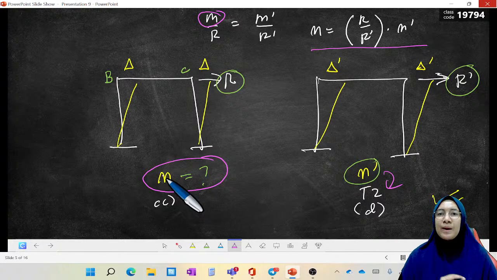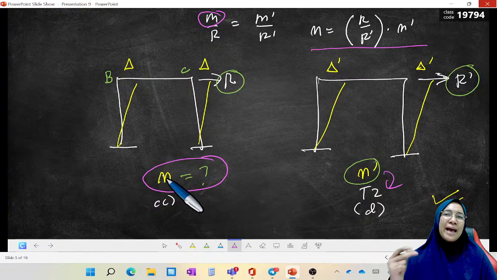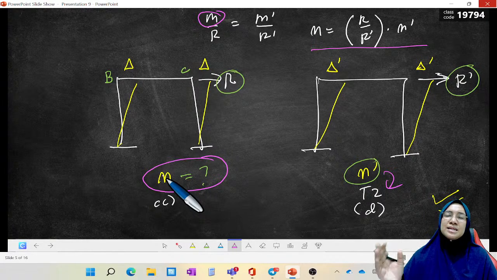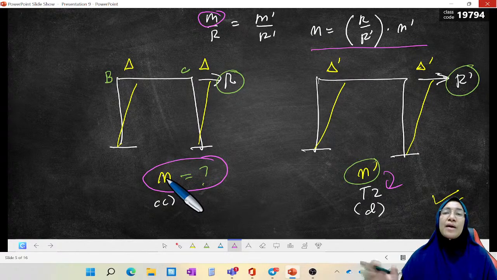R becomes R prime, delta becomes delta prime, M becomes M prime. We do this in diagram D, and this is actually indirect. We analyze diagram C indirectly.